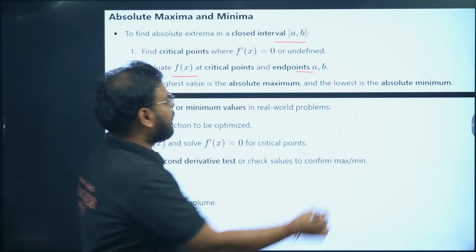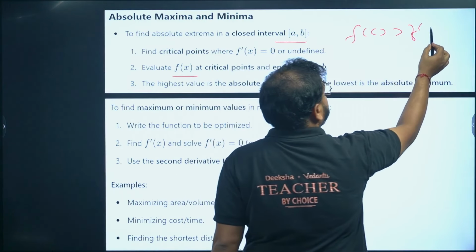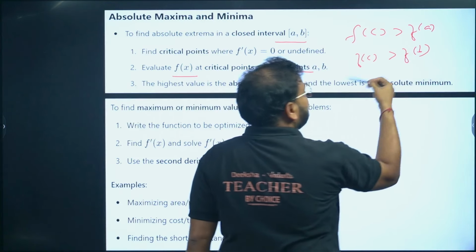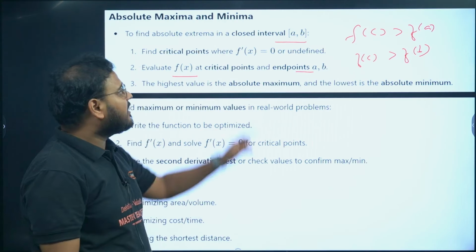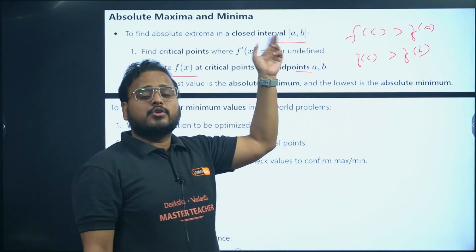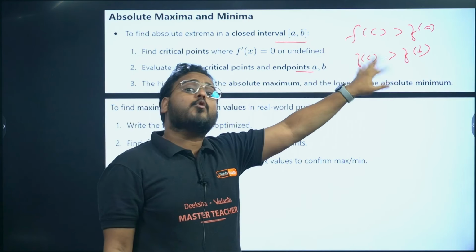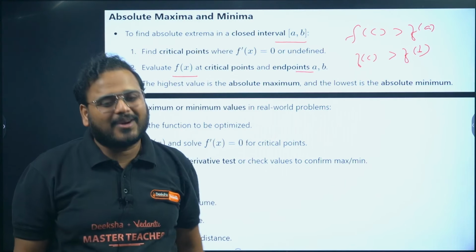Let's say I got a critical point C, and f(c) is more than f(a), and f(c) is more than f(b) as well. Then I'll call the point C the absolute maxima. Got my point, right? Because the boundary is included over here, you check the function value at those 2 points as well, and the critical point should be more than both to get the maxima and less than both to get the minima.